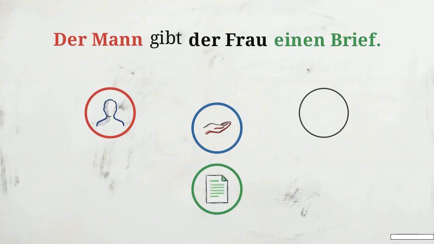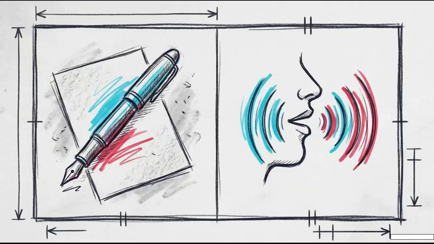This item experiences direct contact with the verb's action. It is the physical thing being given. The dative object is der Frau. She experiences indirect contact with the action, serving as the ultimate destination of the transfer. This dual object requirement applies across common transaction verbs like schreiben, to write, or erzählen, to tell.